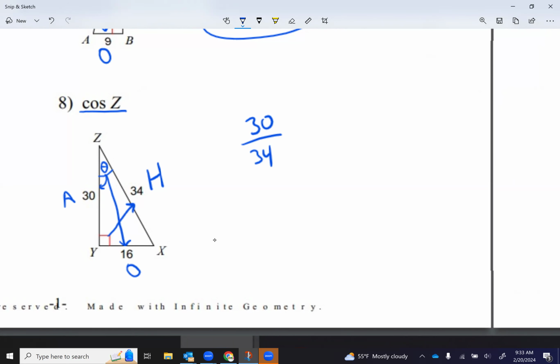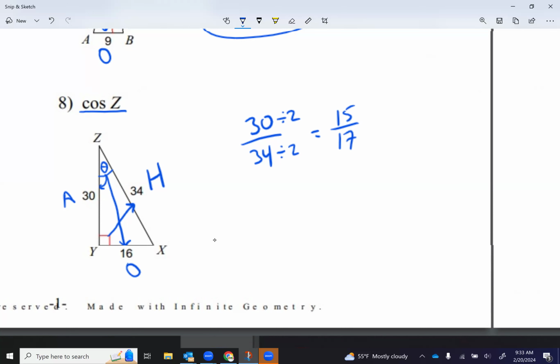All right, to begin with, I see my numbers are even, right? 30 and 34 are both even. So even means I can divide by 2. 30 divided by 2 is 15. 34 divided by 2 is 17. I know 15 can be divided by 3, but not 17. 15 can be divided by 5, but not 17.